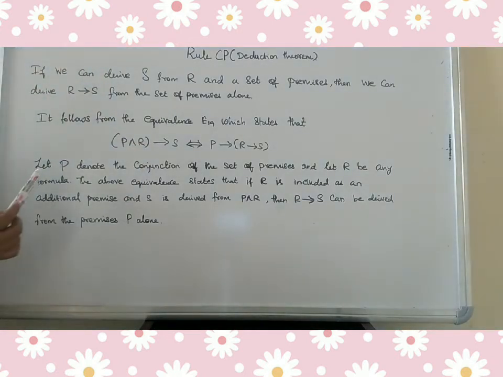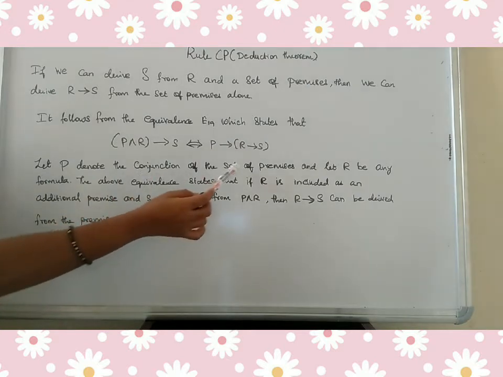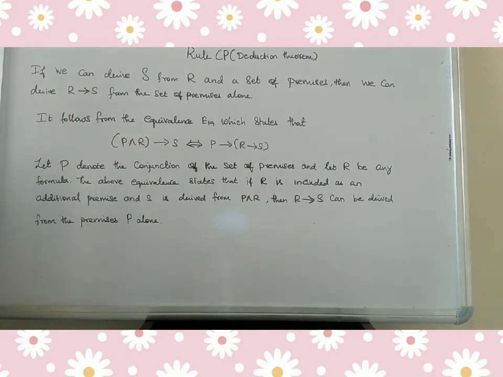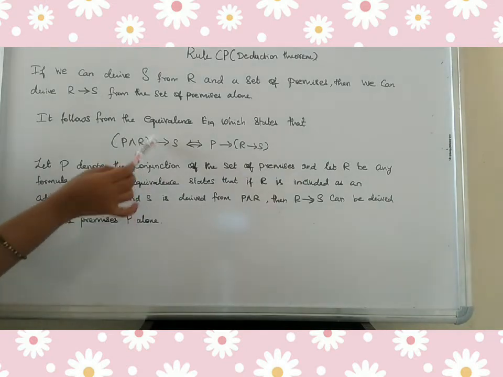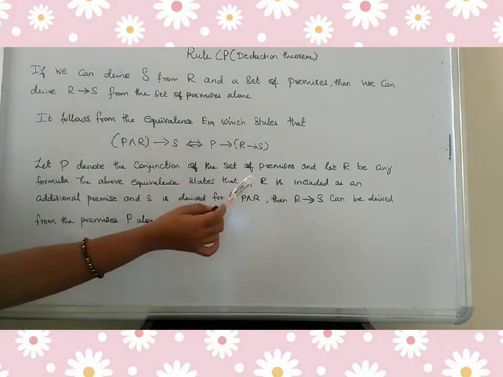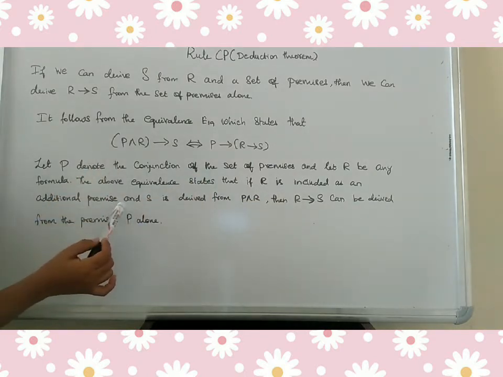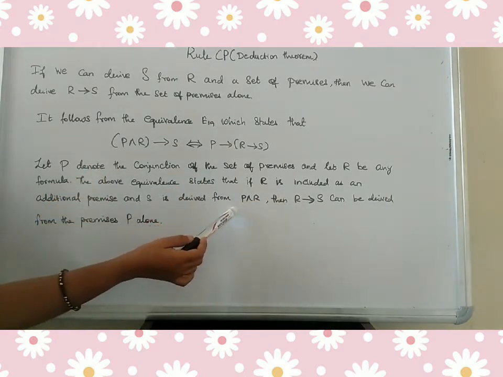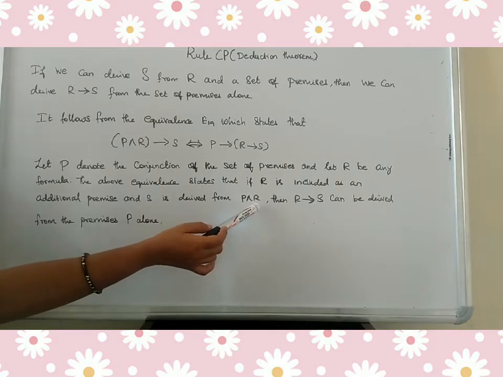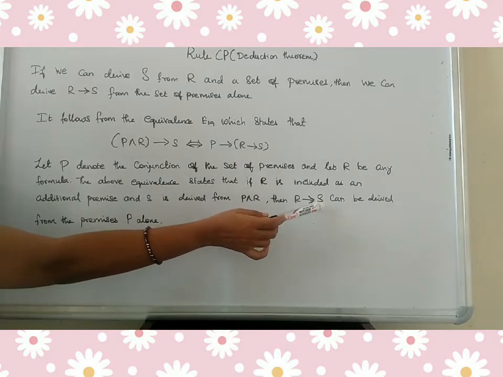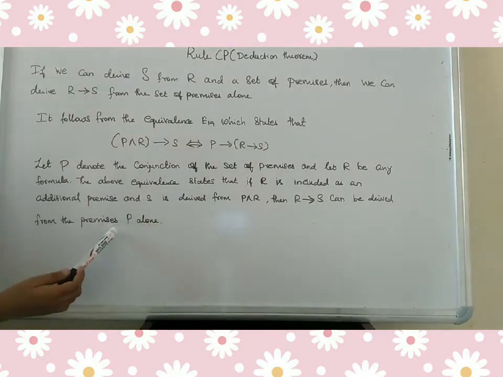So we can say, let P denote the conjunction of the set of premises and let R be any formula. This equivalence states that if R is included as an additional premise and S is derived from P and R, then if R then S can be derived from the premises P alone.